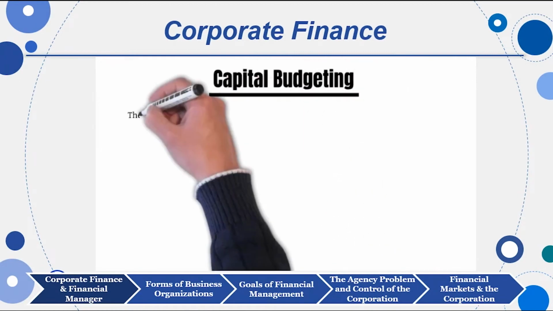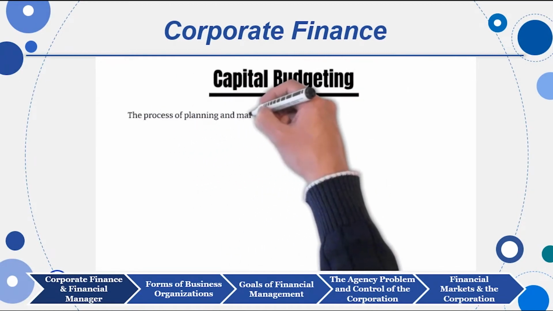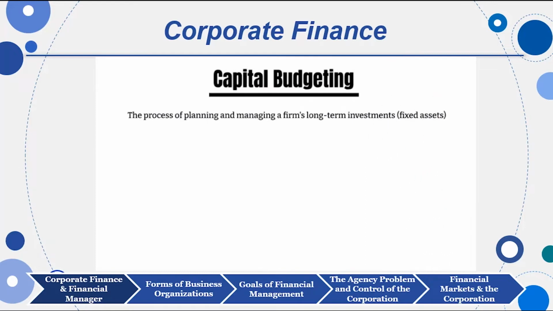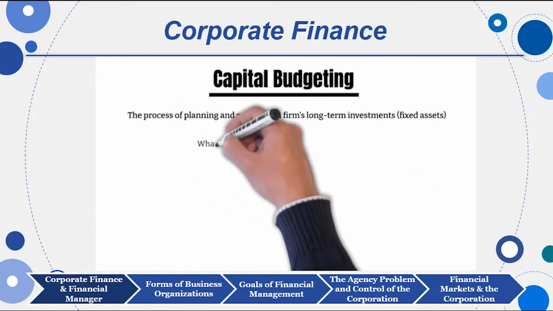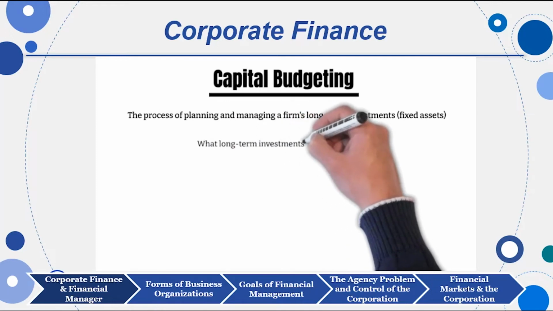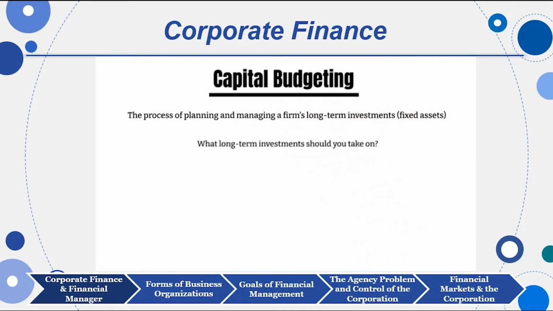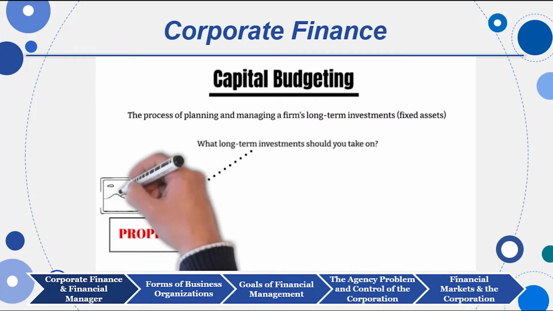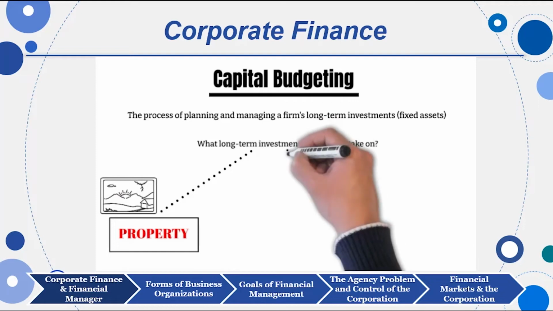Capital budgeting is basically what I suggested. It's property, plant, and equipment. We want to look at the firm's long-term investments, fixed assets, which ones we should take on, and will they be more valuable than the cost of taking them on? Property, plant, and equipment.